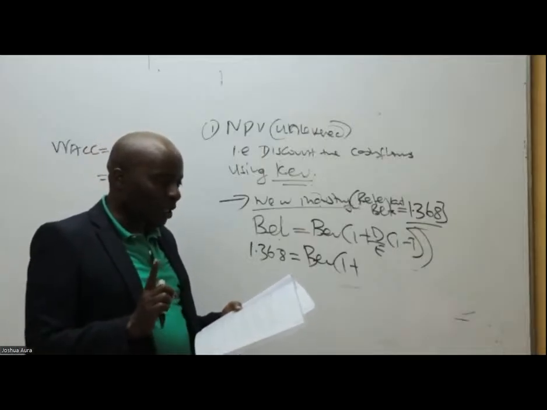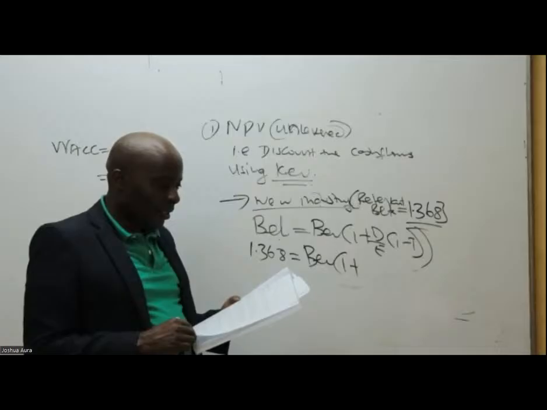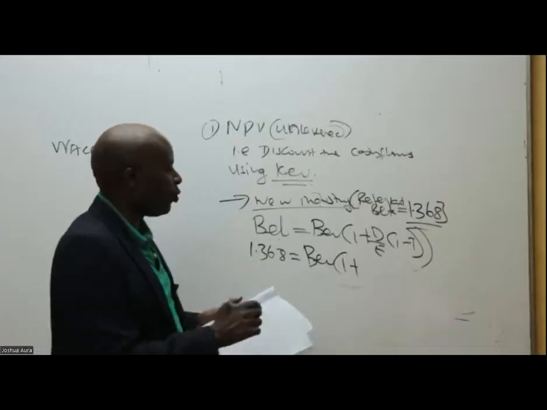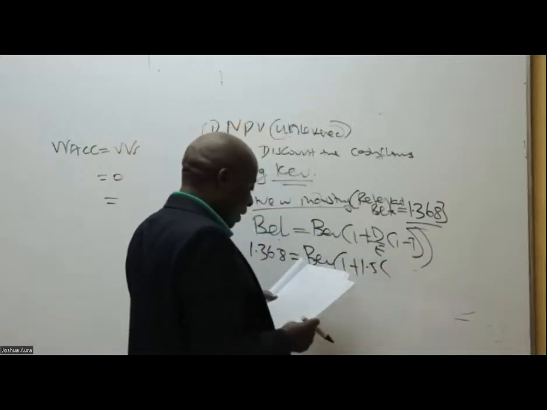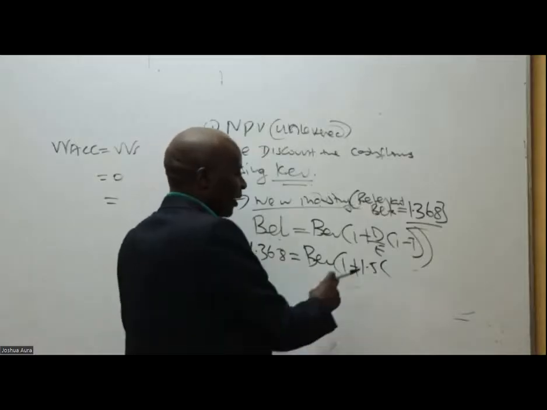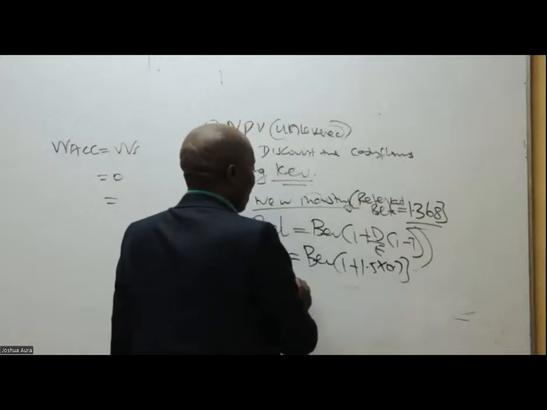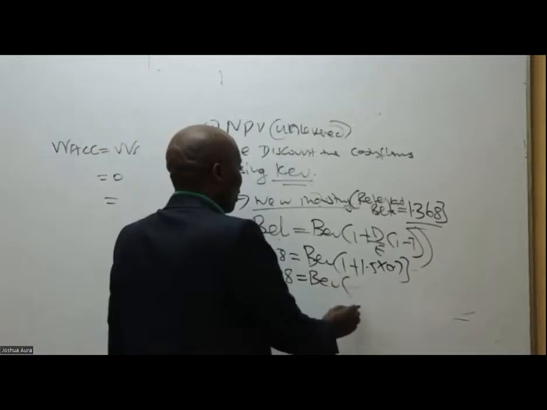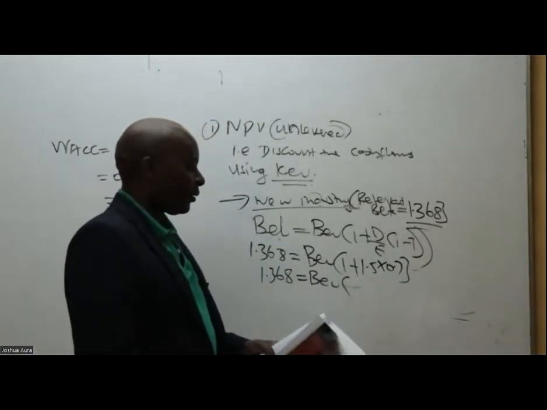Thank you, 1.5. So what is the tax rate? The corporation tax rate is 30%, so this should be 0.7. So then 1.368 equals beta times this and this. It gives me what figure?